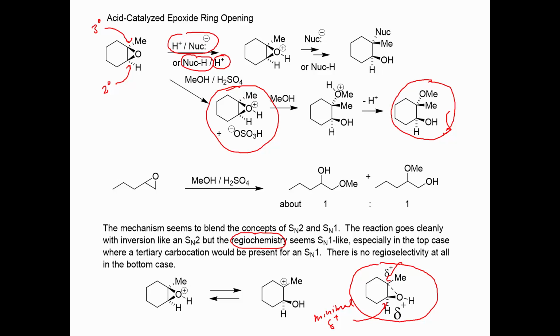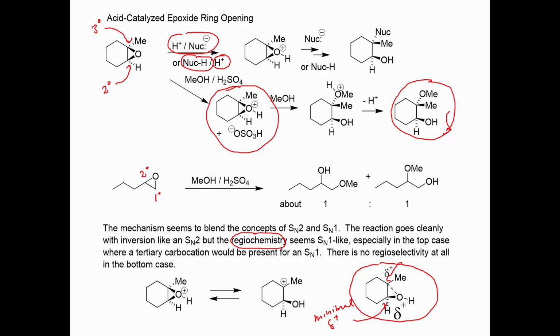In this latter case, where we're just competing a primary side with a secondary side, we see that there's very little regiochemistry at all. But recognize that if it was purely a nucleophilic opening, it would go completely at the primary carbon, but clearly there's some of this business that we see down here where there's some sort of carbocation character developing, but it's not developing to the extent that it is in the top one.